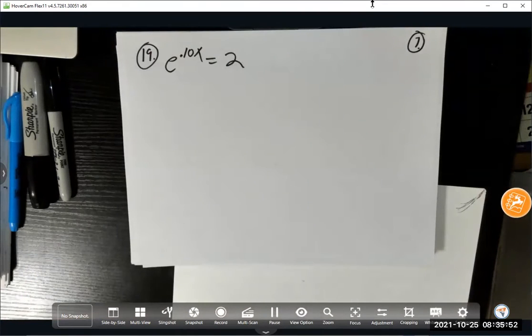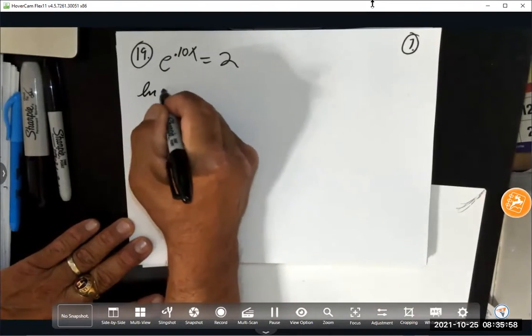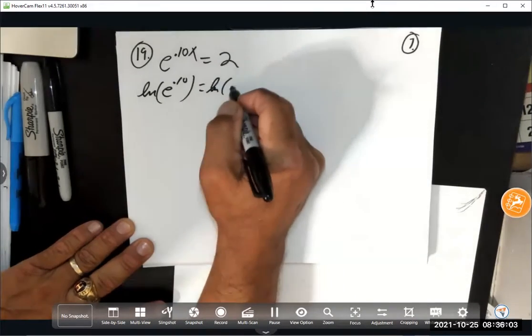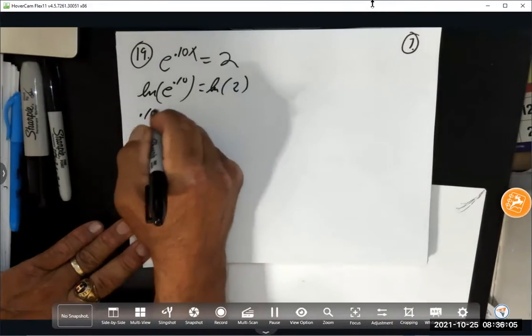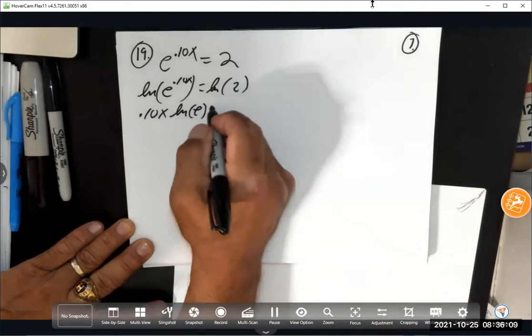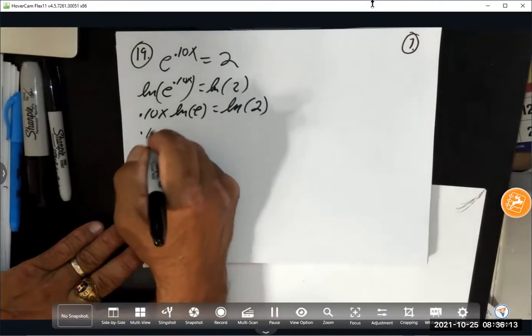All right, so now I'm gonna solve this thing. I know if I take the log of the left side and I take the log of the right side, this is going to be 0.10x ln of e equals ln of 2. And I just told you, there's a formula.